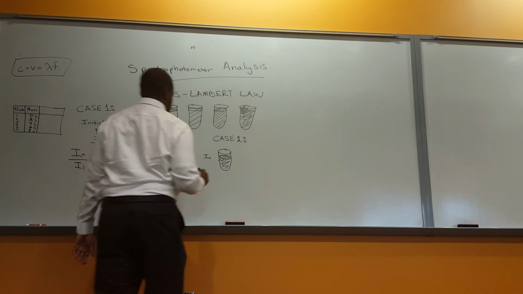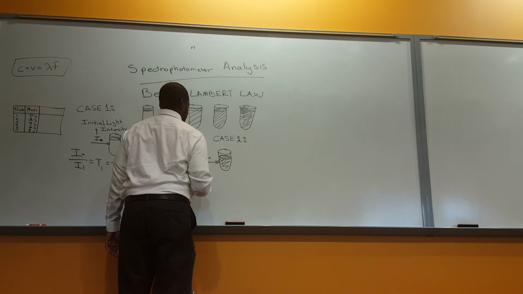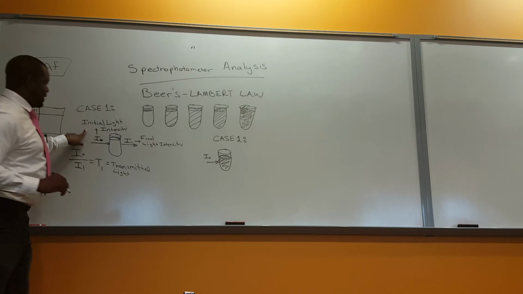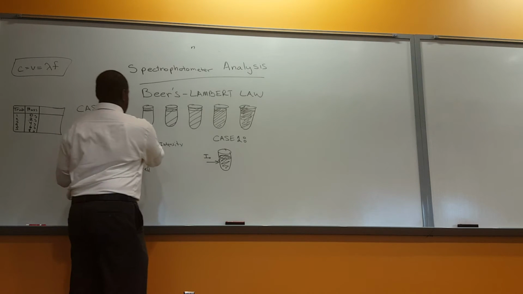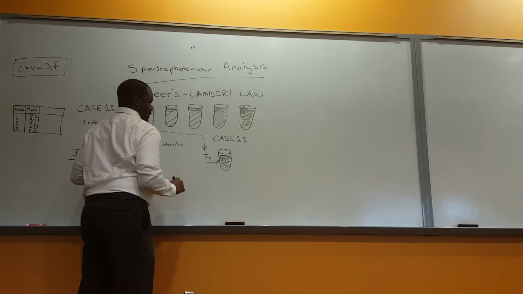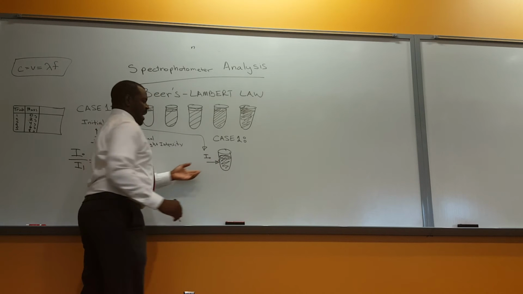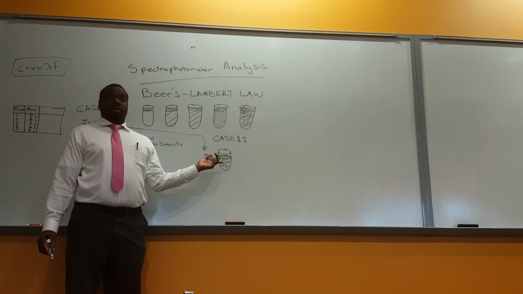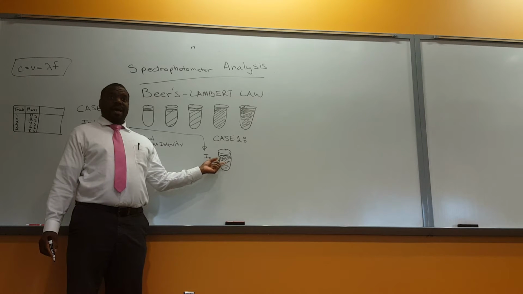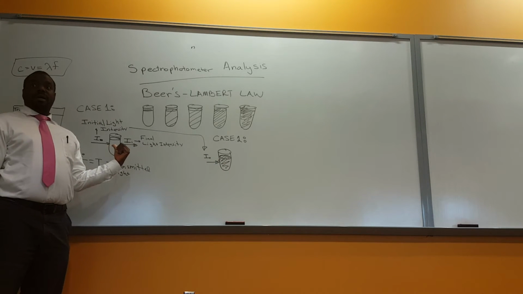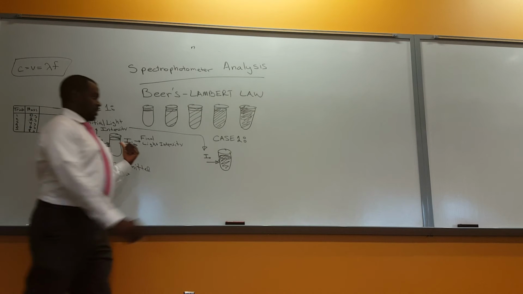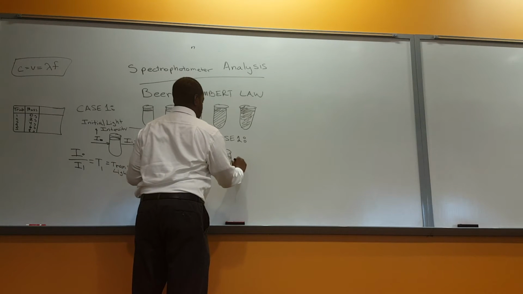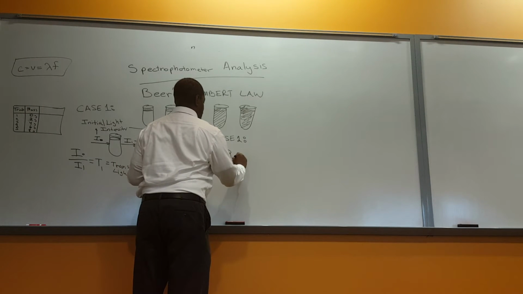Okay. So light's going to be incident here. Again, that's the initial intensity of light, same value there, but I'm going to have a different transmission here, right? In other words, this solution is going to absorb more light than the first one, right? Because it's what? Darker, right? So this is going to be I2.